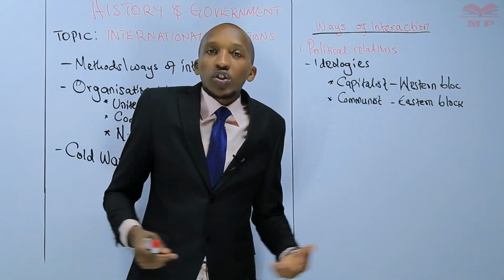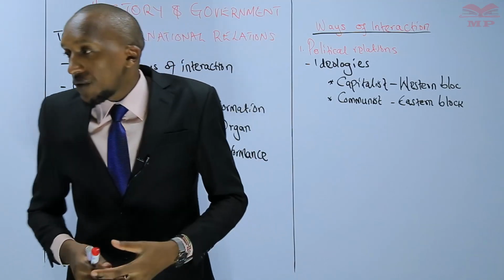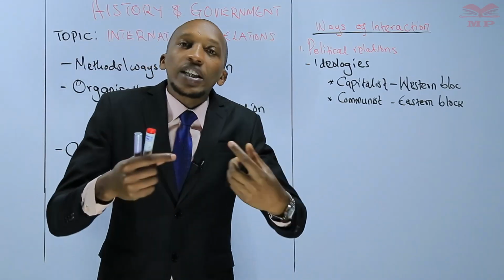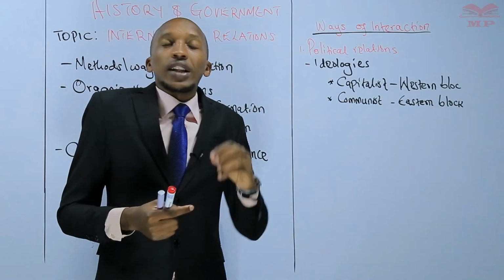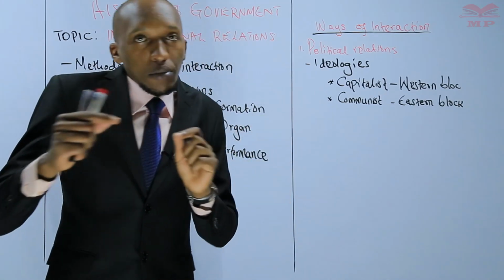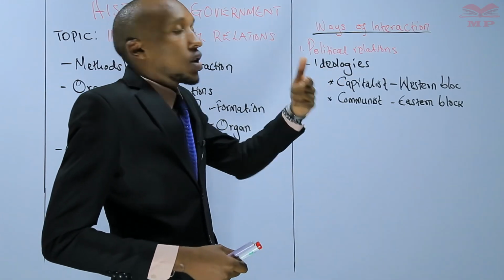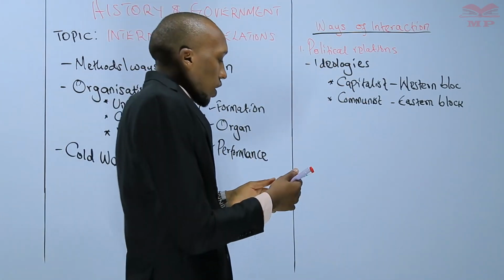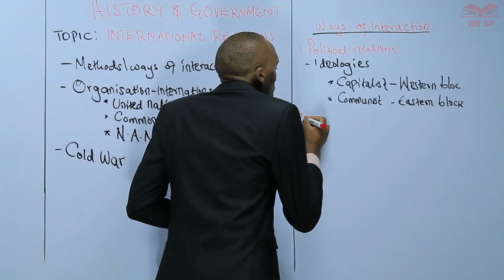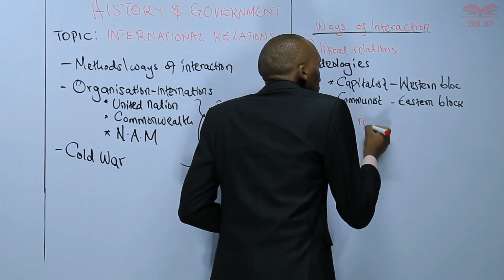So you'll find nations that would adopt part of the capitalist ideology and part of the communist ideology. So that is the first way in which countries that are sovereign, I want you to remember that each nation is independent from the other, found ways of interacting. The first one is political relations. The second one, we are going to discuss, is economic relations.